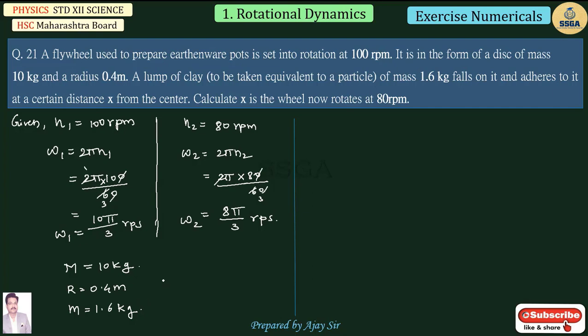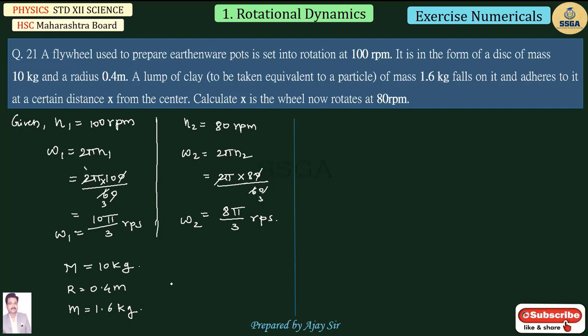Then you have to calculate x at which it falls. So that clump of clay of mass 1.6 kg falls on that disc, and that disc is rotating.